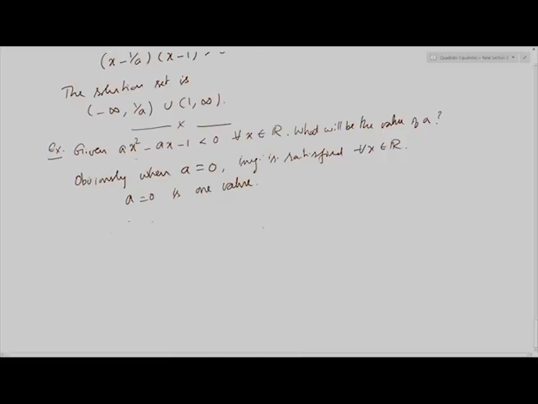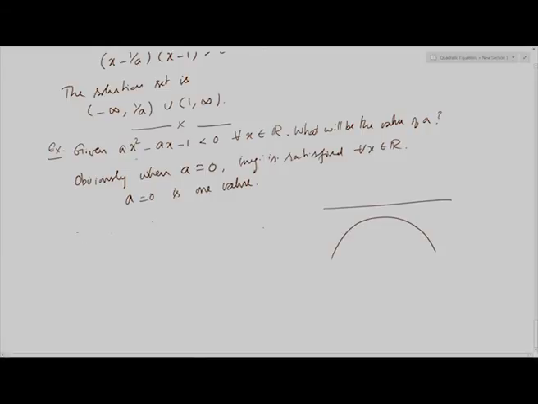Now, take the case a not equal to 0. Since this inequality is satisfied for all x belonging to R, the graph of the quadratic expression y equal to a x square minus a x minus 1 has to be entirely negative.